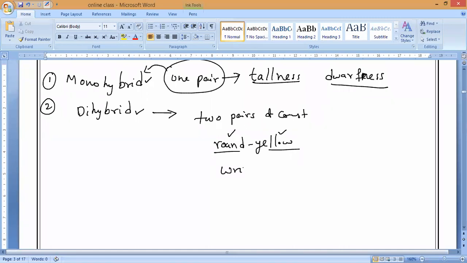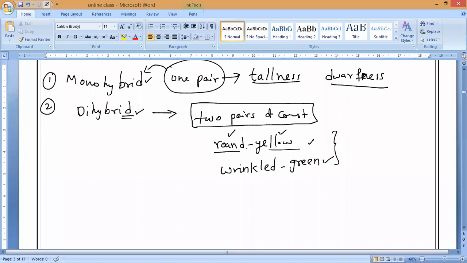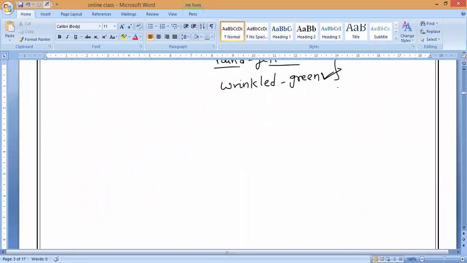Same way, wrinkled green seeds is the other pair. So in dihybrid inheritance we take round yellow seeds and wrinkled green seeds. In monohybrid inheritance, we take only a single pair of contrasting characteristics: one is tallness, another is dwarfness.